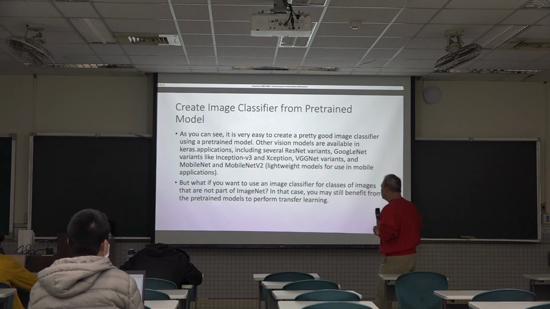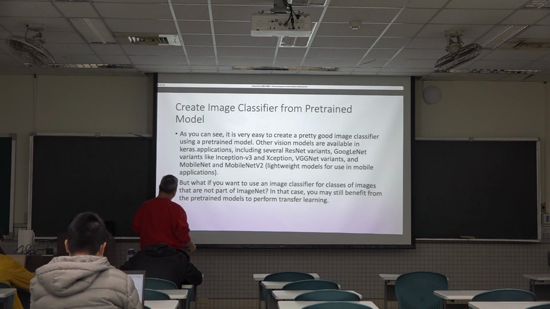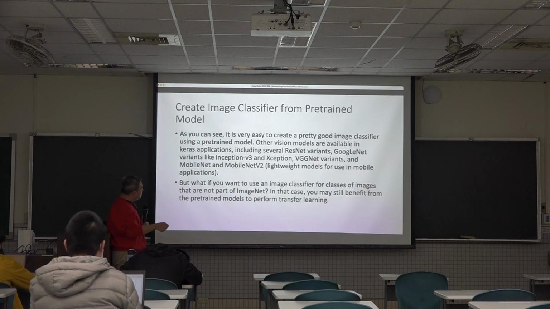MobileNet v2 is normally used for embedded systems because they are lightweight models. So depending on your application, or whichever is good for you, you can use any of those pre-trained models.